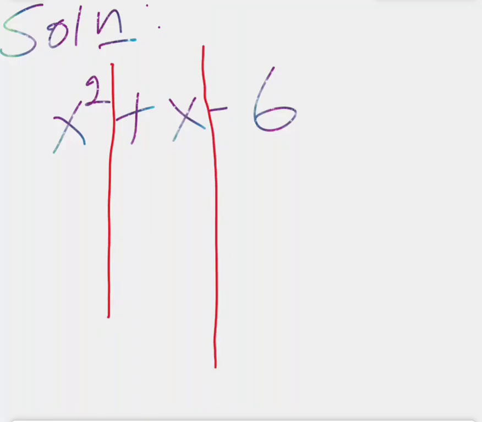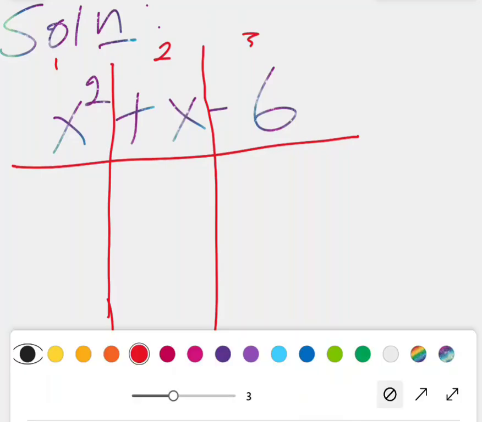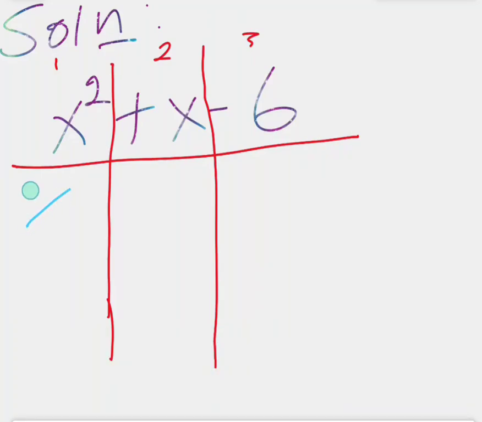Good. So breaking this into 3 columns, column 1, column 2, and column 3. With column 1, I'm going to have 2 variable terms which, if I multiply, give me x squared. So that will be x multiplying x.